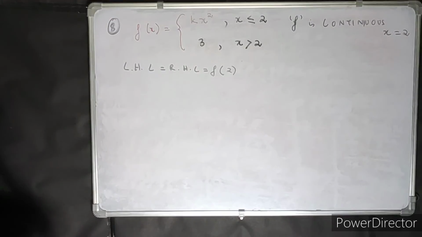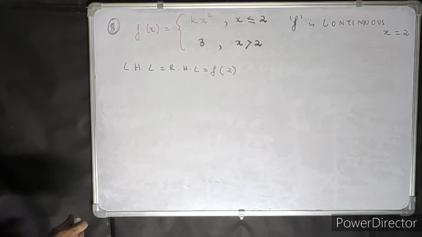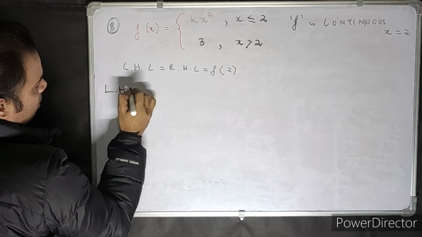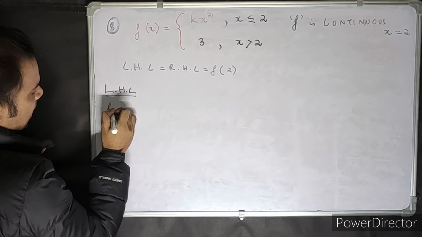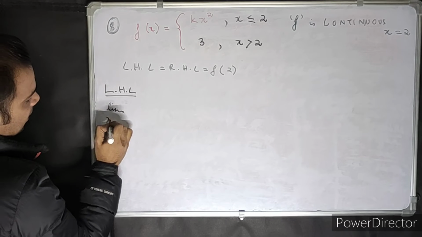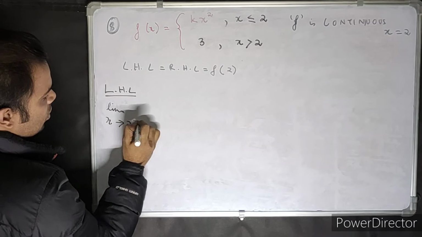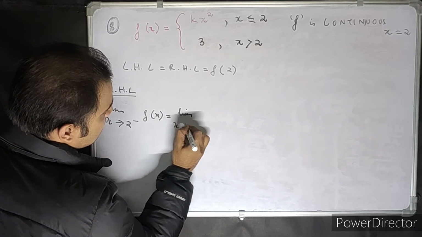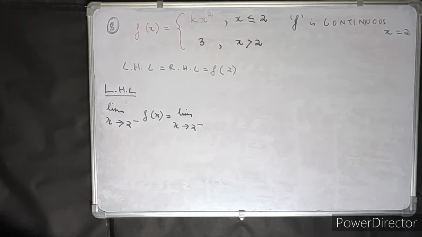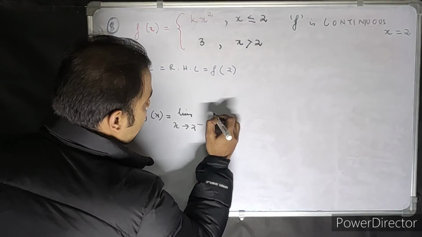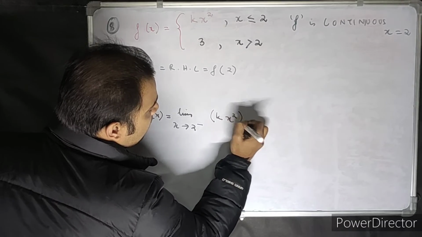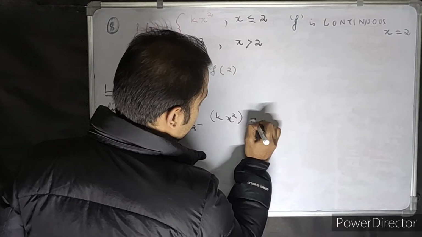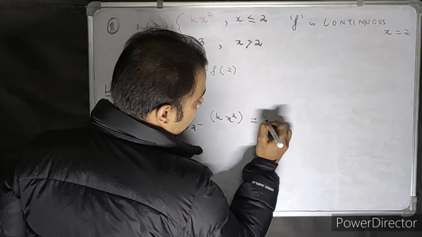Alright, now all we need to do is just find the LHL and find the RHL. So let's start with the LHL. That is limit of x tends to 2 negative f of x is equal to limit of x tends to 2 negative, so less than 2, and write kx square, which is, when you put 2 over here, 4k.